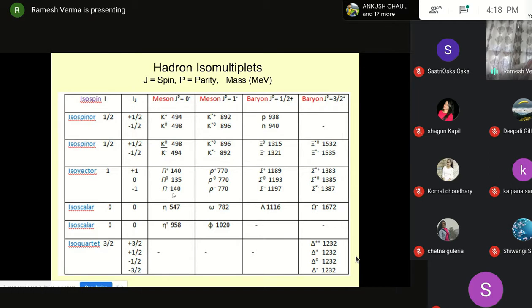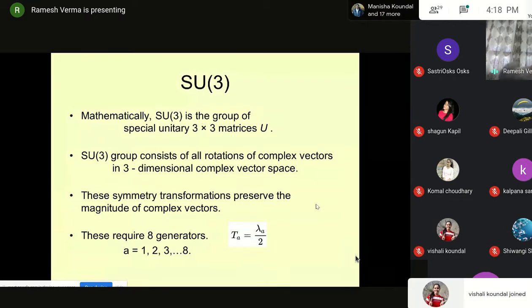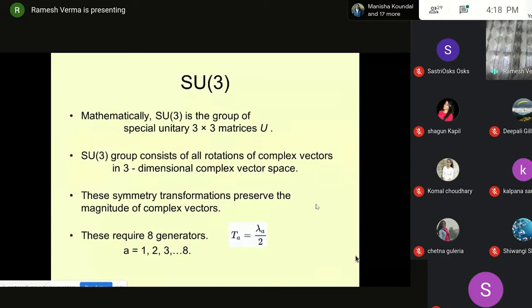So this idea Gell-Mann and Ne'eman took seriously, and he extended the group, that is the internal symmetry group SU(2), to SU(3). So again, I remind you that the SU(2) group is a mathematical structure. We can apply it anywhere we like. In fact, there are many kinds of spins and isospins in particle physics literature.